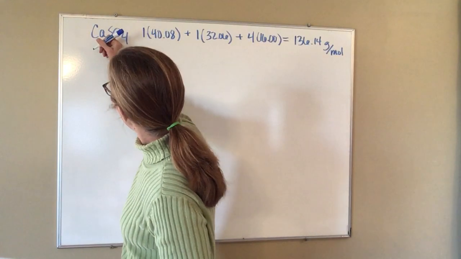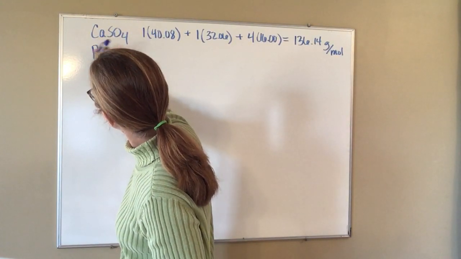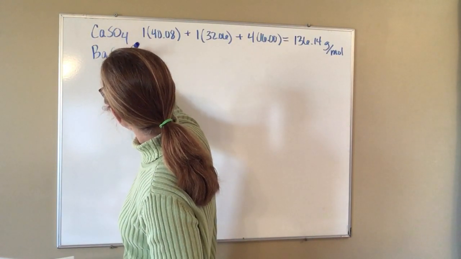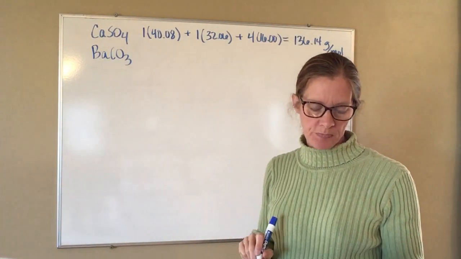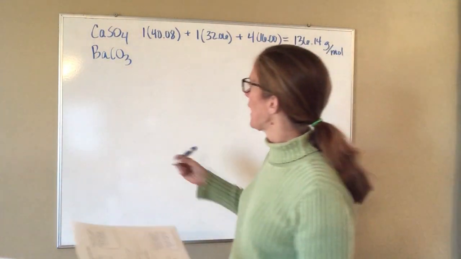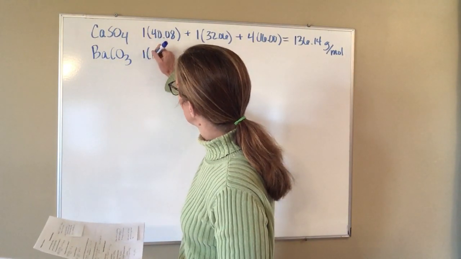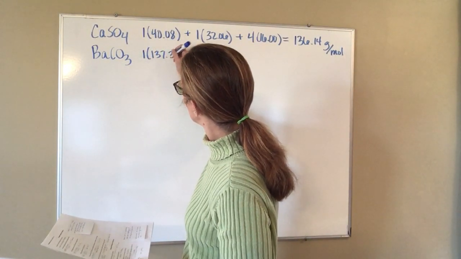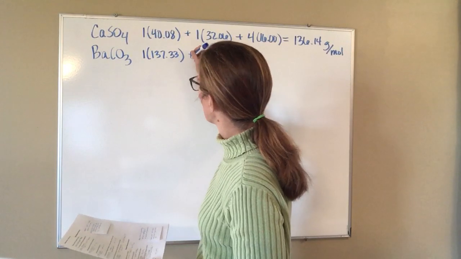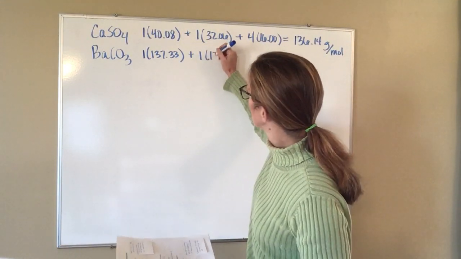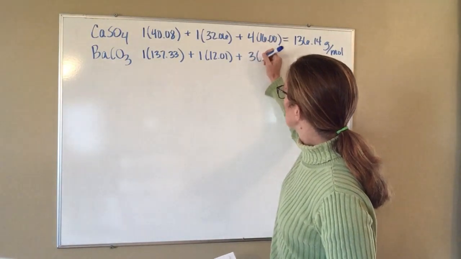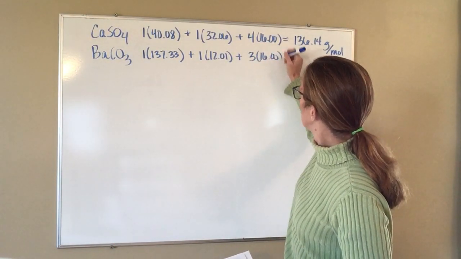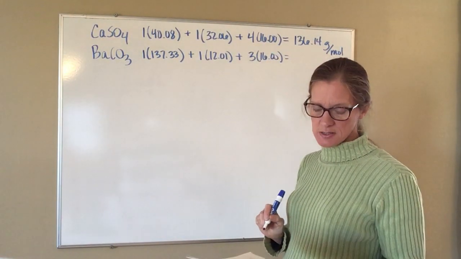We're going to do barium carbonate, BaCO3. That's what it's called, barium carbonate. So again, I have one barium, which is 137.33. I have one carbon, which is 12.01. And then I have 3 oxygens, which are 16 apiece.